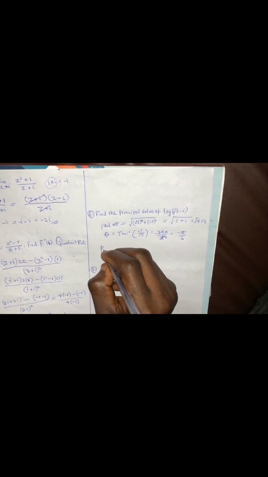So that means the principal value will now be log of, first of all, you write your modulus, which is 2, then plus i, and then your argument, which is minus pi over 6. So this is your principal value.